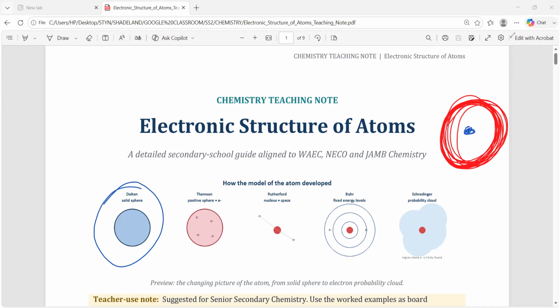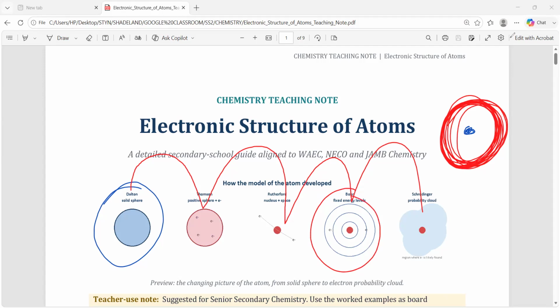So that shell or that orbital is the region where there's high possibility of finding electrons. Are we together? So we see how the atomic model was modified from this to this to this, and finally to Schrödinger's electron cloud model. That's what we call it, the electron cloud model. This is the orbital model. All right, then the electron cloud model.